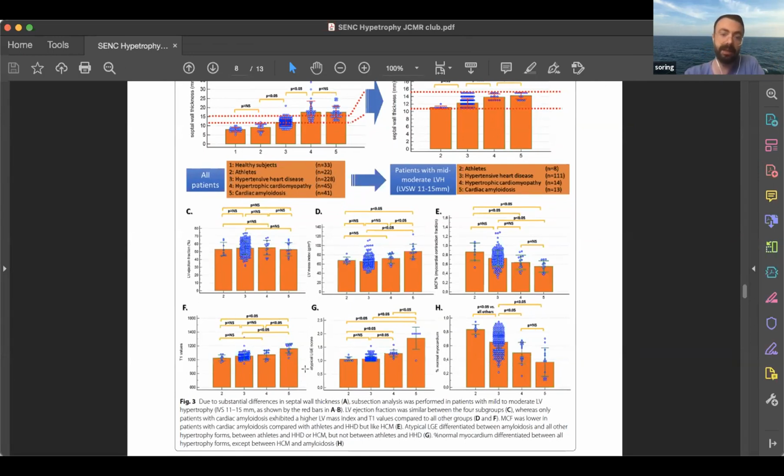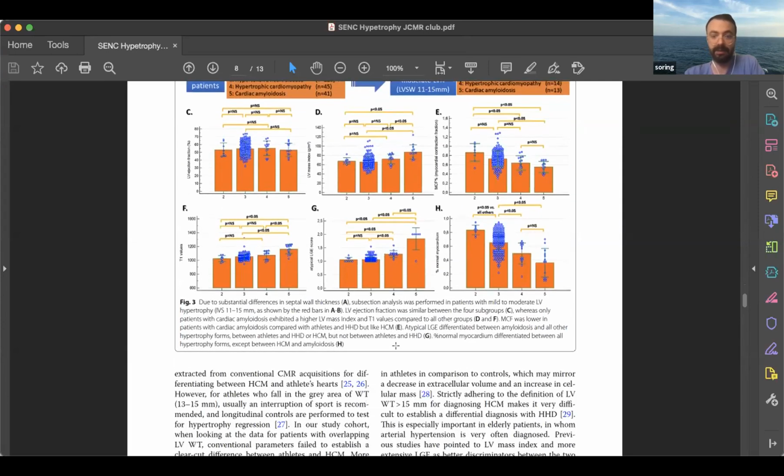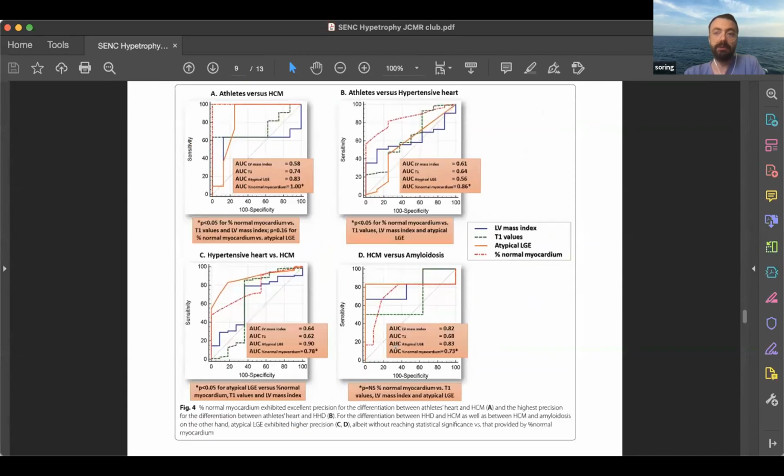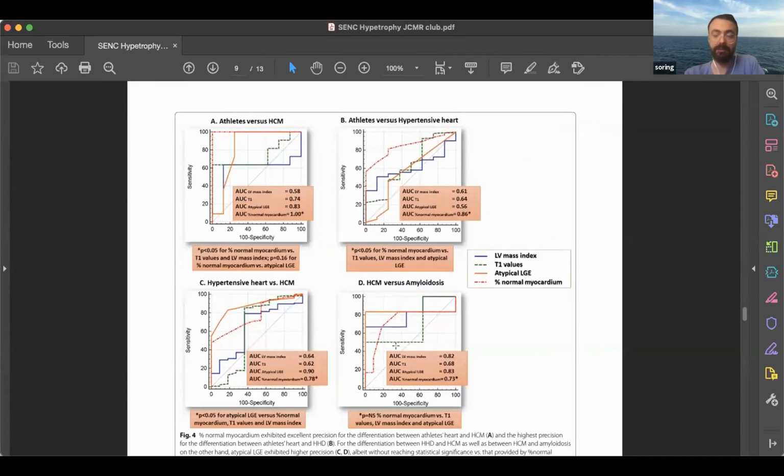On the other hand, the late gadolinium enhancement score was able to differentiate between the latter two groups, amyloidosis and hypertrophic cardiomyopathy. When we grouped the patients and performed ROC analysis, we've seen that normal myocardium was excellent in differentiating between athletes and hypertrophic cardiomyopathy, also really important in differentiating between athletes and hypertensive heart disease.